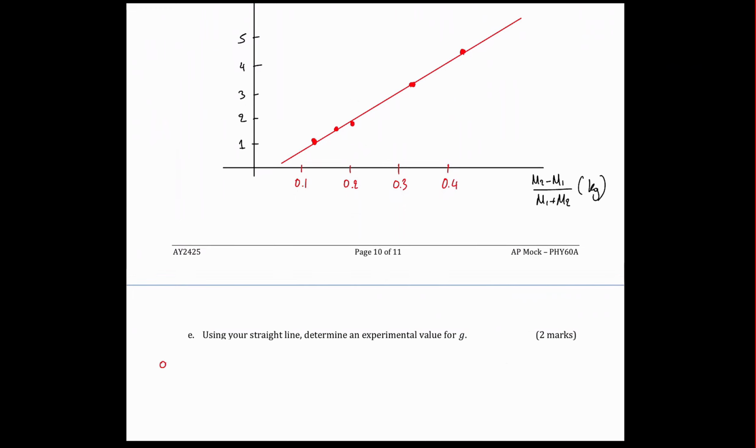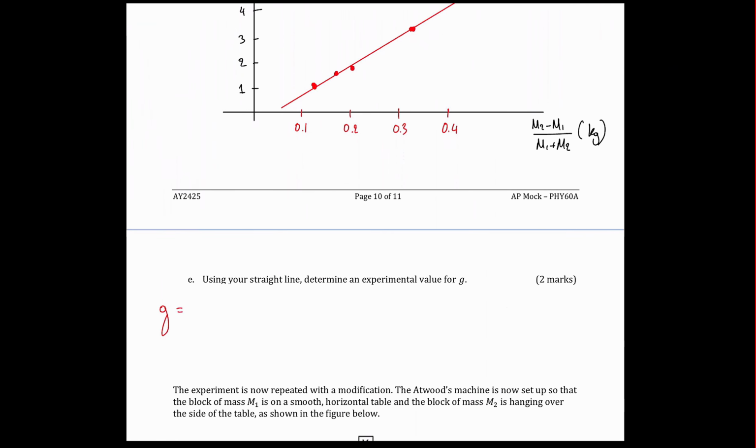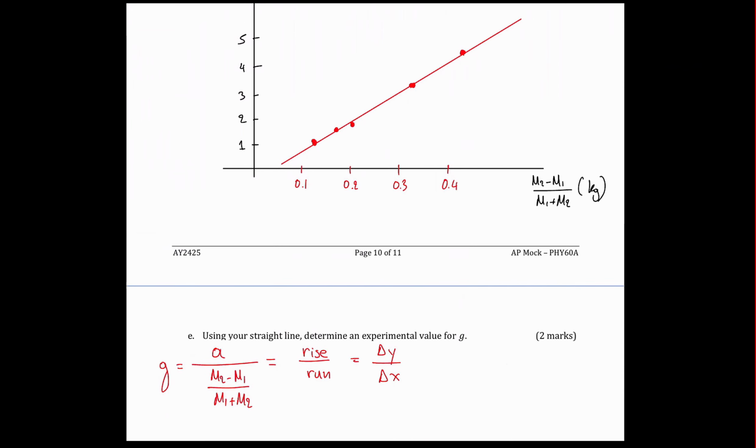Well, we already said that g is what we have over there, acceleration over the combination of masses, m2 minus m1 over m1 plus m2. However, since we are using the graph, maybe we can say acceleration is rise over run, or delta y over delta x. And if we go to the plotted graph, we will select any point on the straight line.